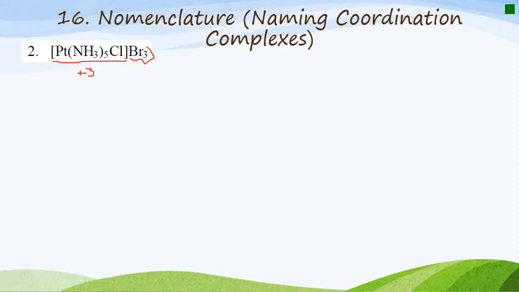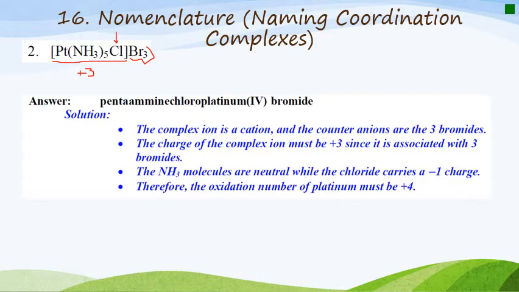However, there's a chloro sitting inside here, which is also a negative charge. So then this should tell you what the oxidation number is on the platinum. Okay, so here is the solution. We have 5 ammonias, so that becomes pentaamine, chloro, platinum 4 bromide.